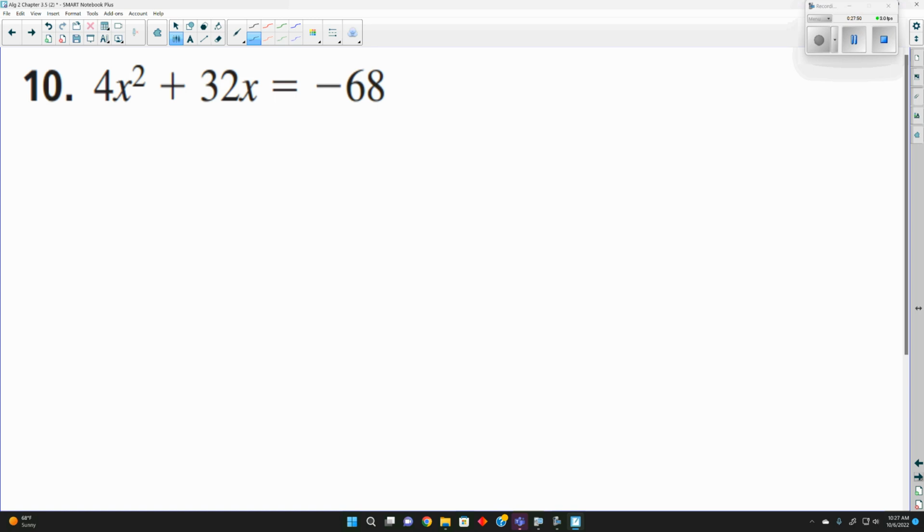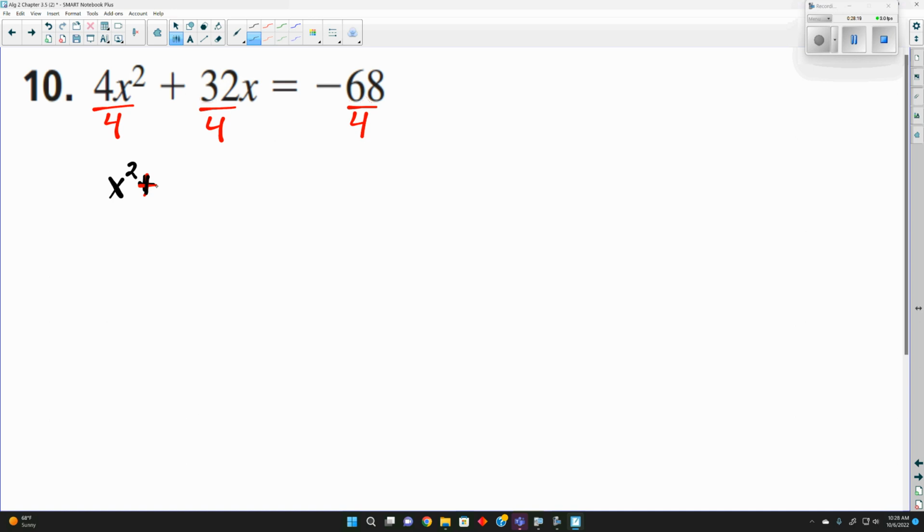Now, right, because we have that negative 68, yes? What's step 2? Get the constant terms on one side, yes? That's already done. So step 1, we need to get a equal to 1. So we can divide everything by 4. 4x squared divided by 4 is x squared.